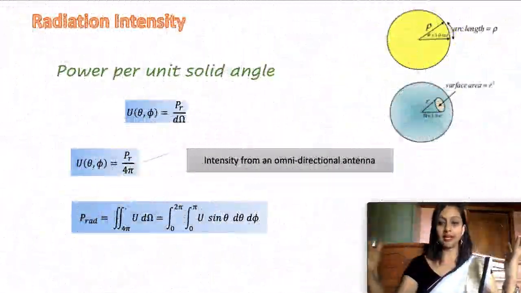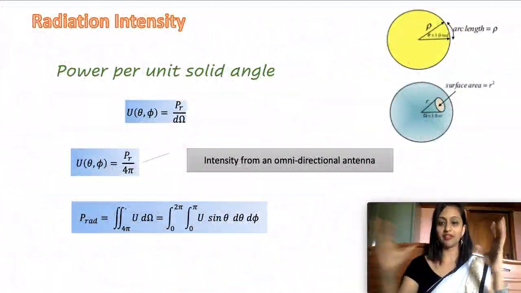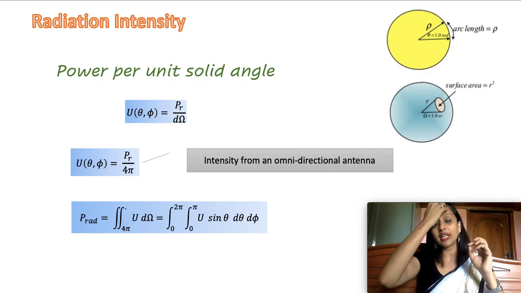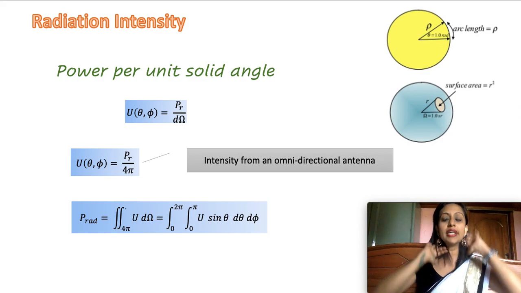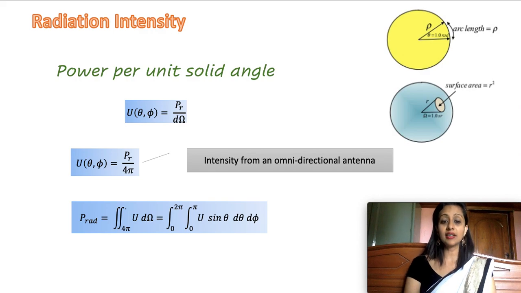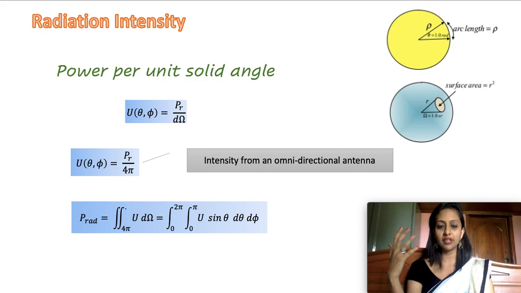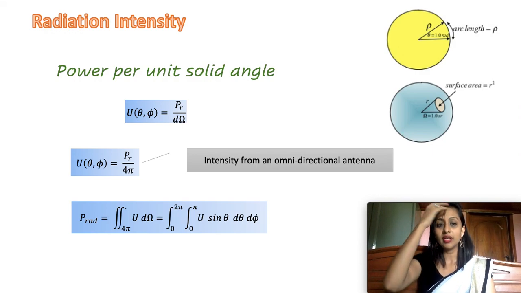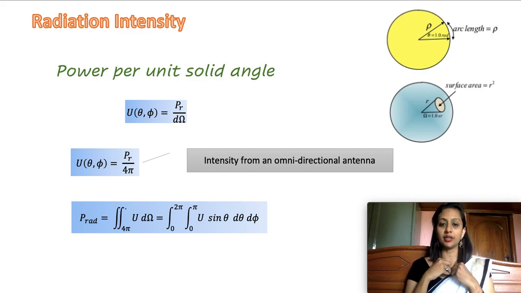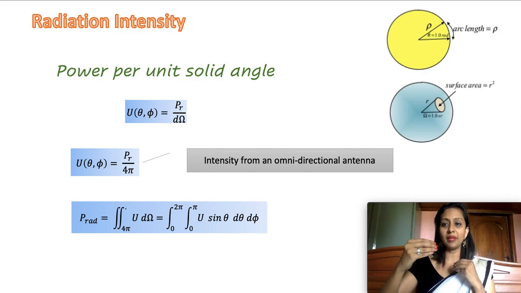Having known how to calculate the complete area of the radiation pattern which an antenna is covering, the next term that comes is the radiation intensity. This is the only quantity in the antenna world which is not dependent on the distance. If I say at 1 meter the power is so much, at 2 meters the power is so much, everywhere the distance matters.